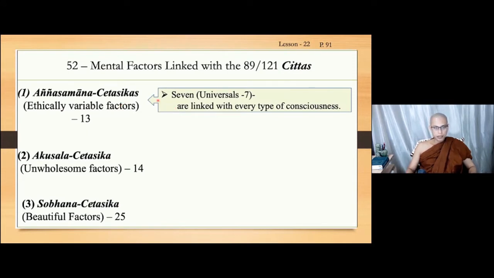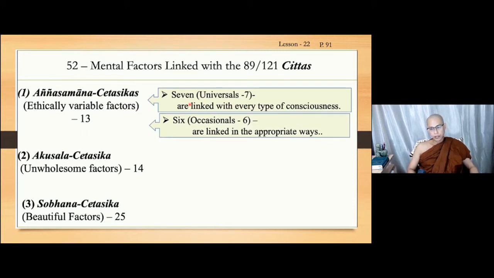Among the Annasamana group, the 7 universals are all associated with the 89 consciousness, and the other 6 occasionals arise in an appropriate way. For the rootless consciousness, you have to be careful.